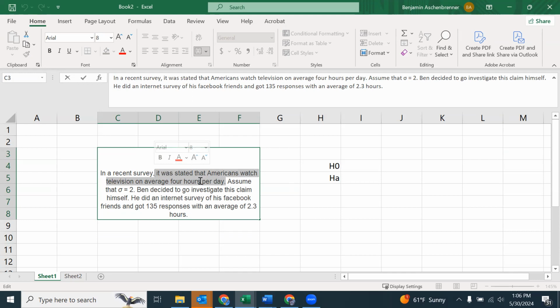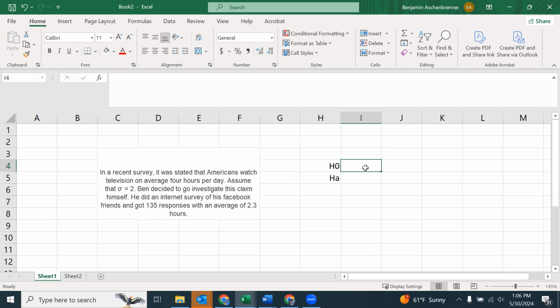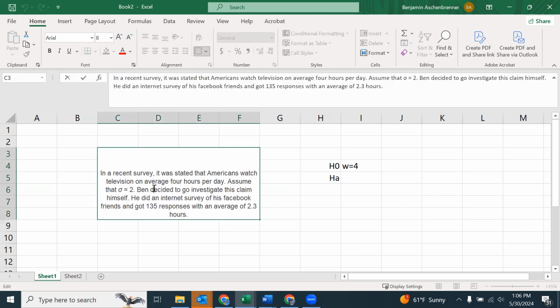That the average American watches television on average 4 hours per day. So this is going to be my watch time is equal to 4. Now, depending on the way that the disbelief is framed, I might be saying not equal to 4. I might be saying I think it's less than 4.